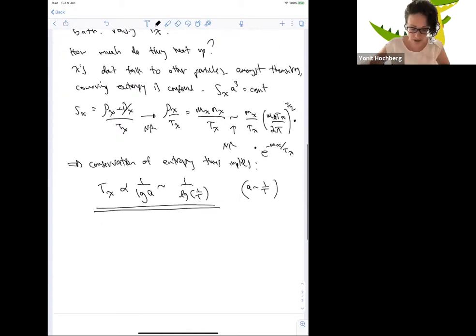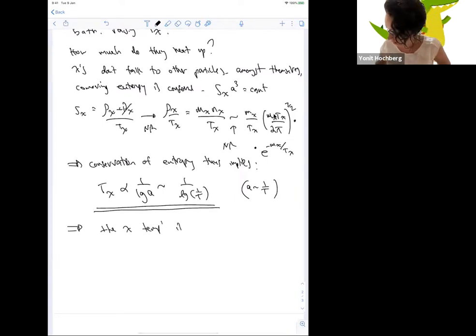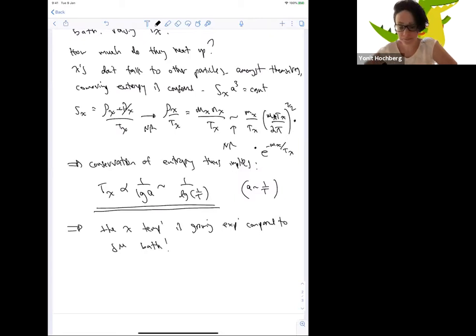What we just arrived at, this equation, is telling you that the chi temperature is growing exponentially compared to the standard model bath. We've arrived at this just from entropy conservation.